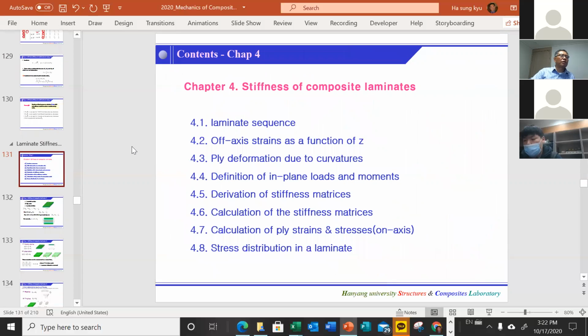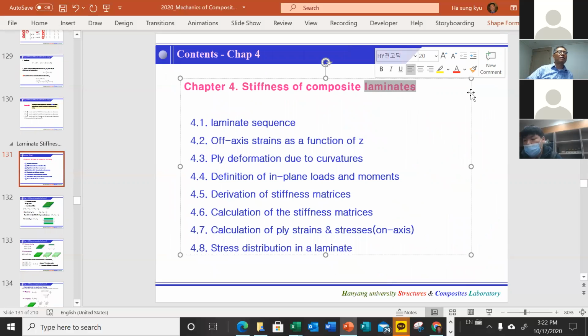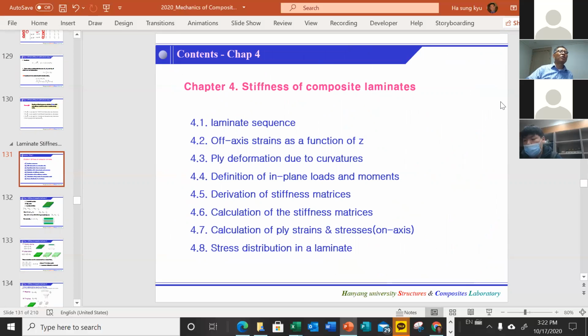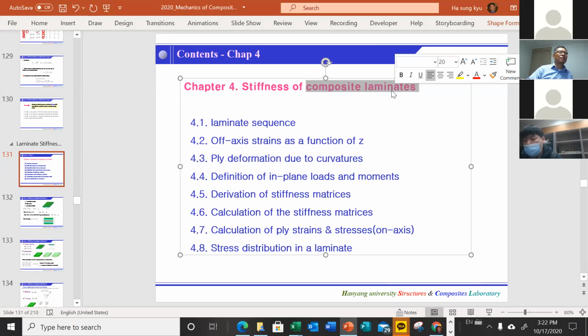Next chapter will be the stiffness of a composite laminate. Laminate means now we have multiple plies with different angles, which makes one composite laminate.